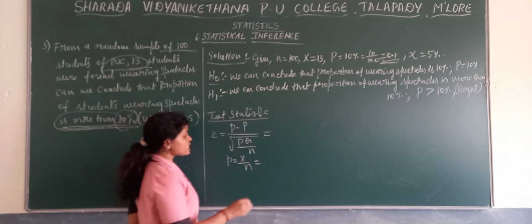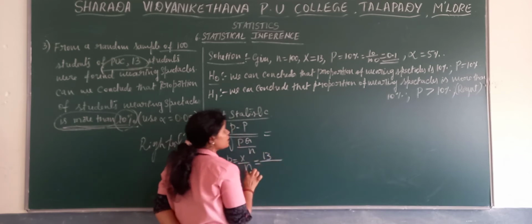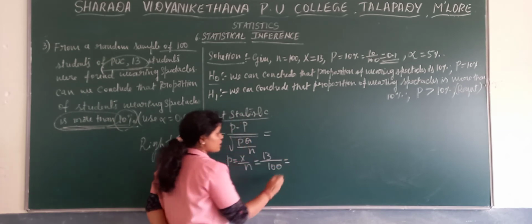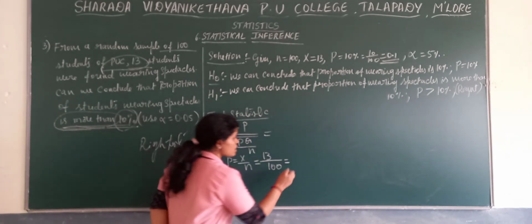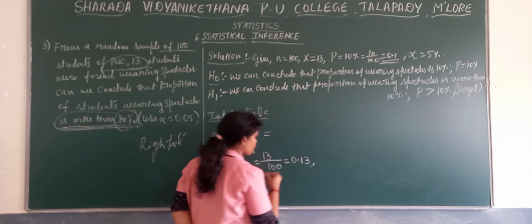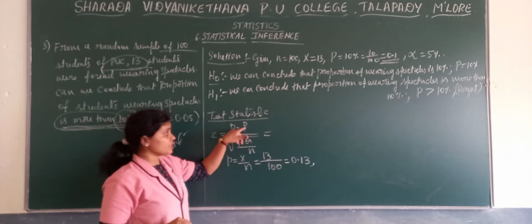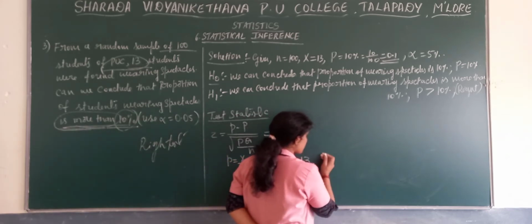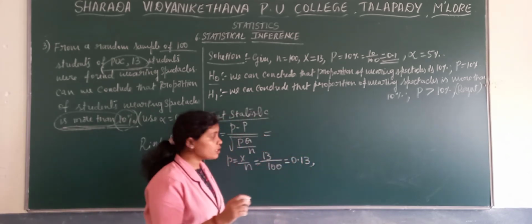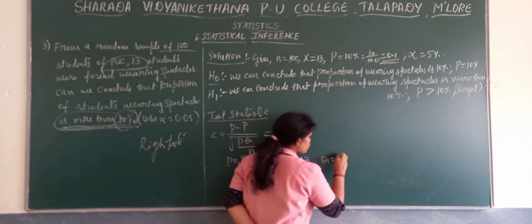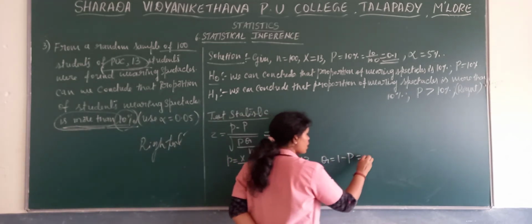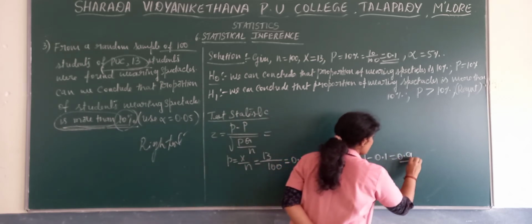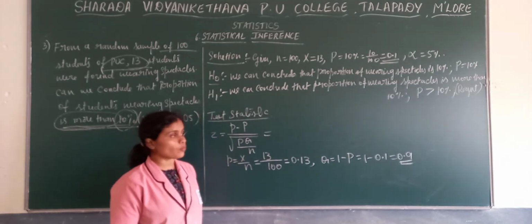So the value of x is 13 and n is 100. So 13 by 100, we get p as 0.13. And the population P is 0.1. So Q is equal to 1 minus P. So 1 minus 0.1, we get 0.9. So Q we get as 0.9.